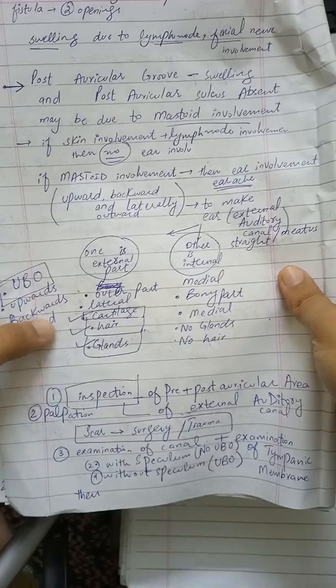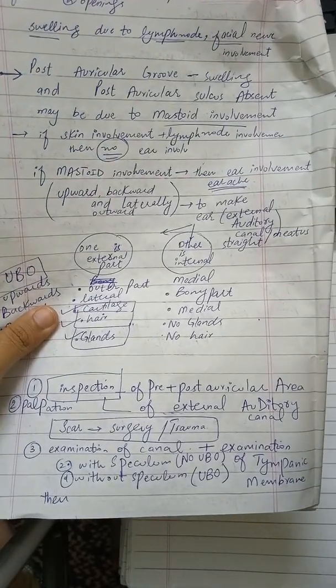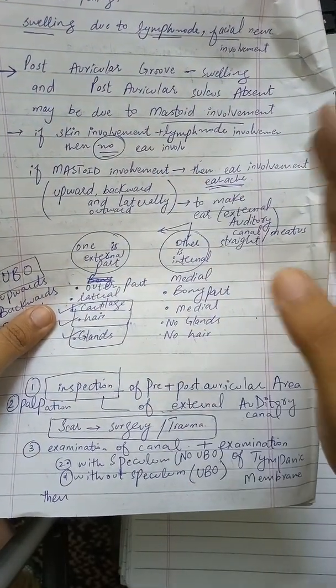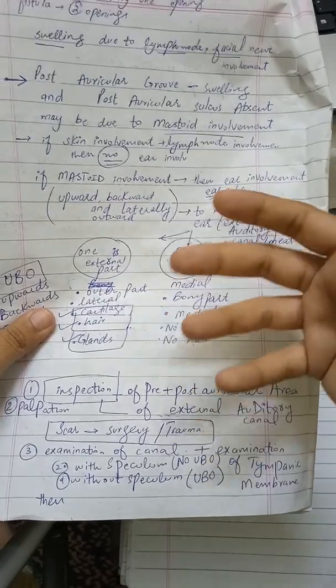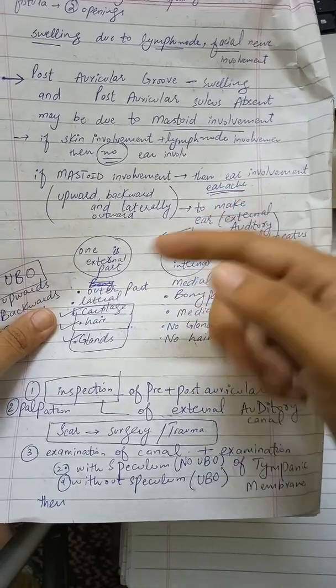And what is the difference between the outer 1/3 and inner 2/3 part of the external auditory canal or the external ear?